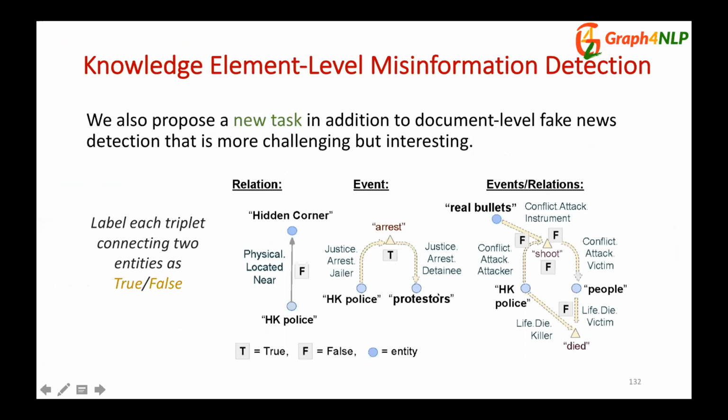So the task simply becomes looking at every triple of two nodes and one edge and determining whether it's fake or true information, and then using that as features to determine whether the whole document is fake or not.